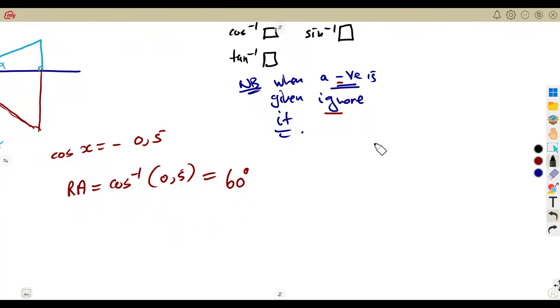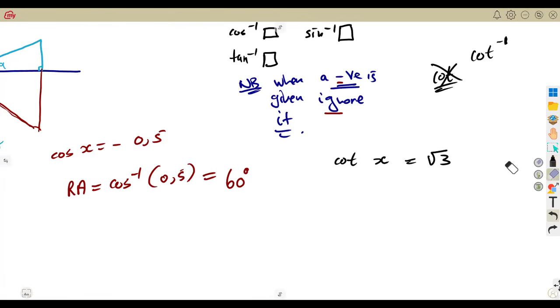So in the same sense, they can give us a case where we need the reciprocal. They gave us something like maybe cot x is equal to the square root of 3, and you need the reference angle. We do not have cot on our calculator, if you check. So we cannot access arccot.